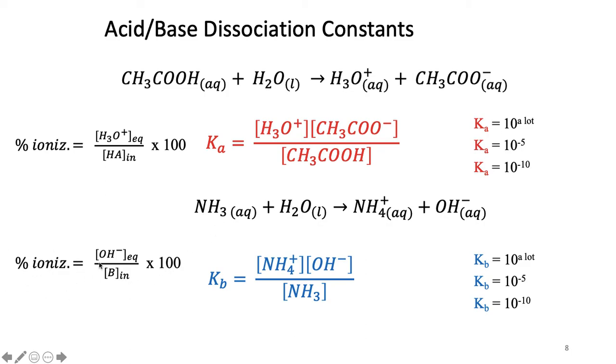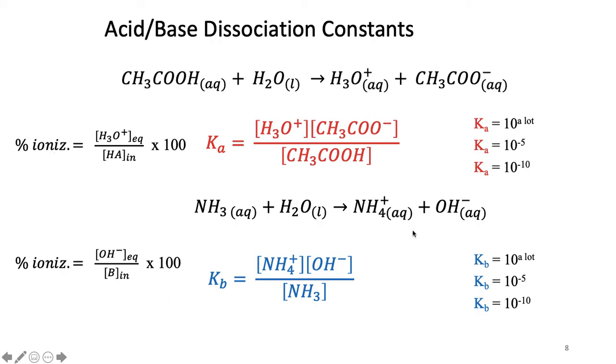The larger the H3O plus or OH minus concentration, the larger the percent ionization, obviously. So the larger this number and the larger that number, the larger the percent ionization, which means the stronger the acid or the base. A strong acid will produce more H3O plus ions than a weaker acid. Therefore, its percent ionization will be larger.